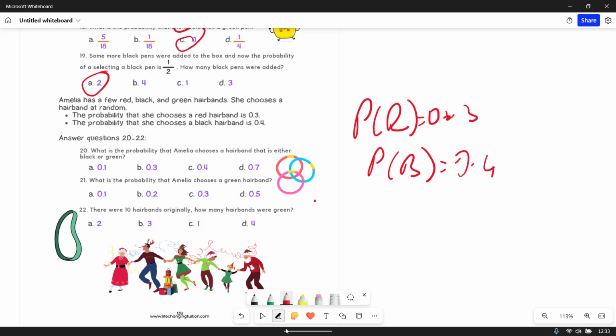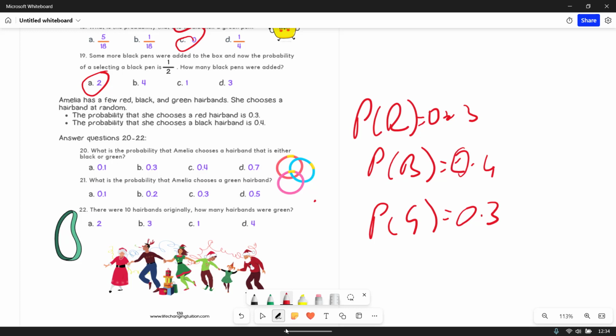What's the probability of the hairband being either red, black, or green? So green is going to be 0.3, because it has to add up to 1, and 0.3 and 0.4 and 0.3 add up to 1.